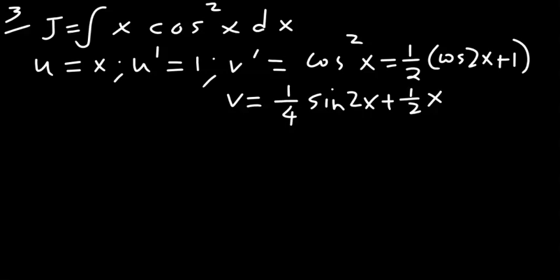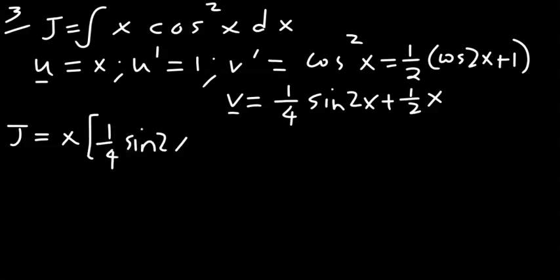Applying the integration by parts formula, j equals, the first term is u times v, so that is x times 1 over 4 sine 2x plus half x, minus the integral of v u prime. U prime is 1 and v is this.